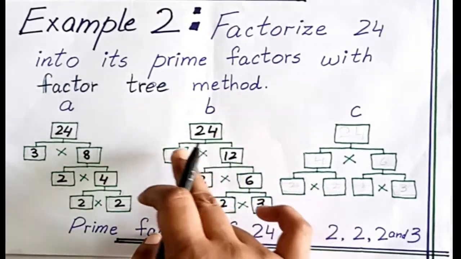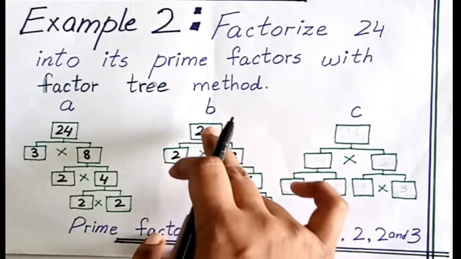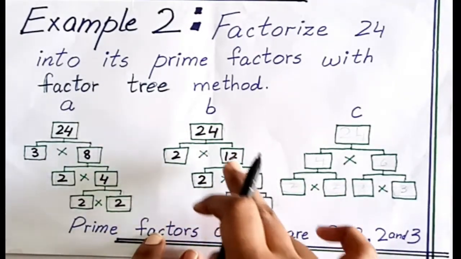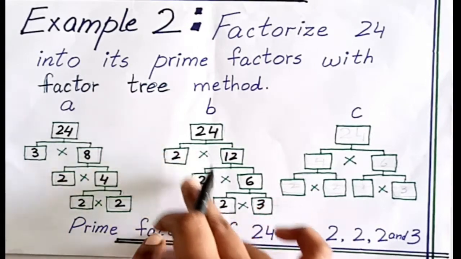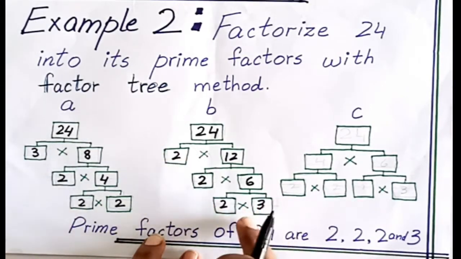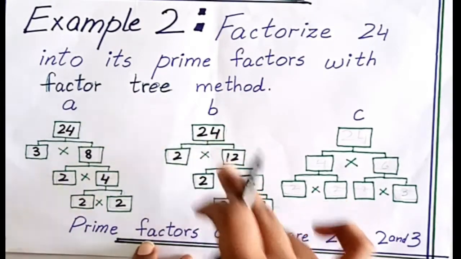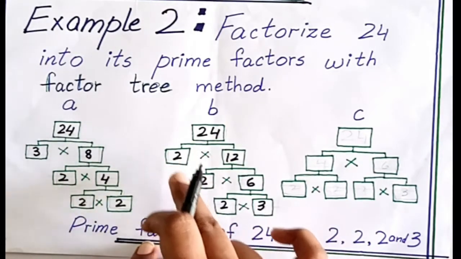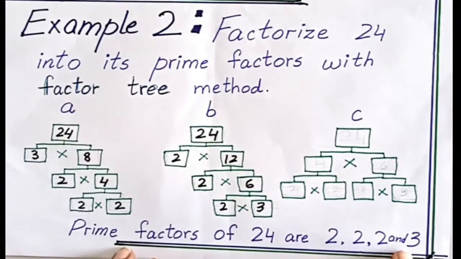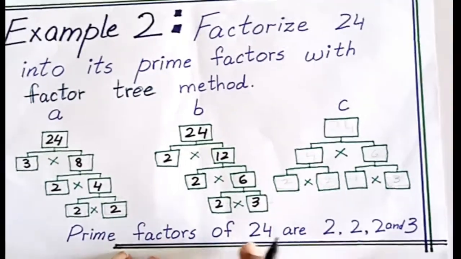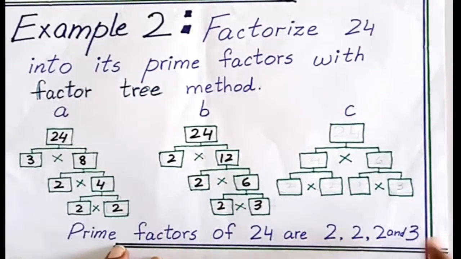Over here you see 24, 2 12s are 24, 2 6s are 12, 2 3s are 6. Now we cannot break these numbers anymore, so these are the prime factors of 24: 2, 2, 2 and 3.